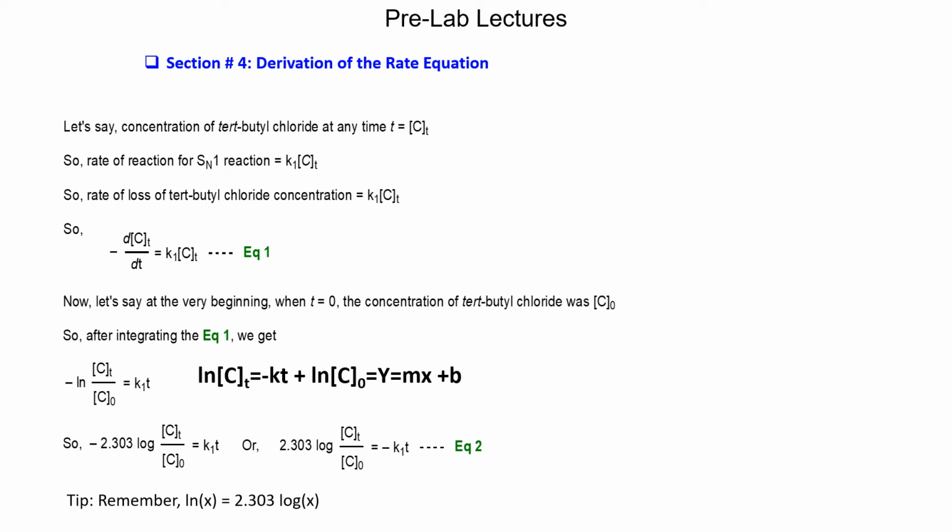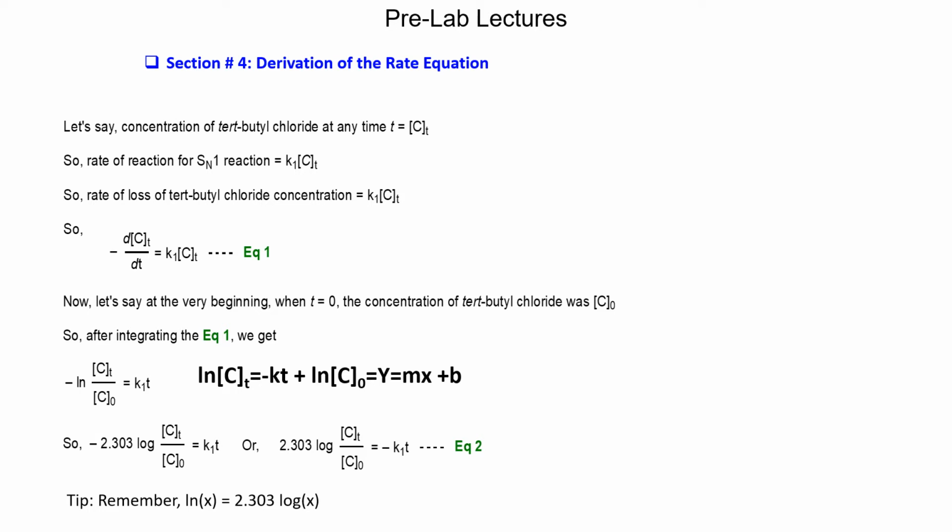So if we write this concept, the right hand side of the formula will not be changed. However, the right side of the equation can be K1 times concentration C0, where C means the concentration of the tertbutyl chloride.